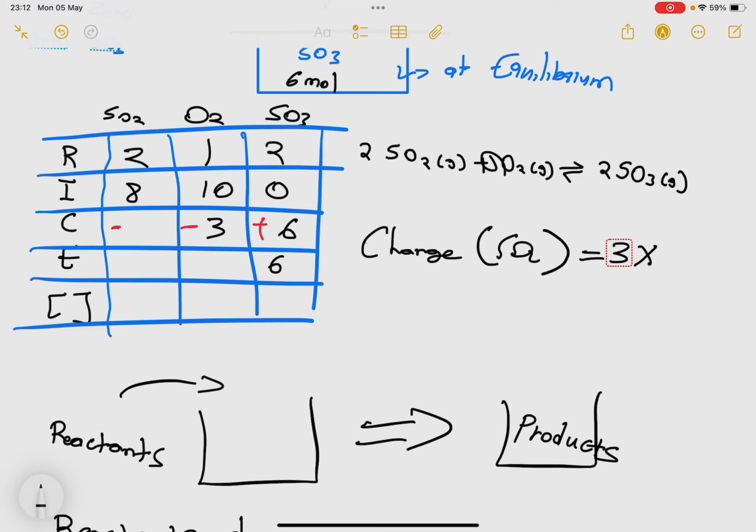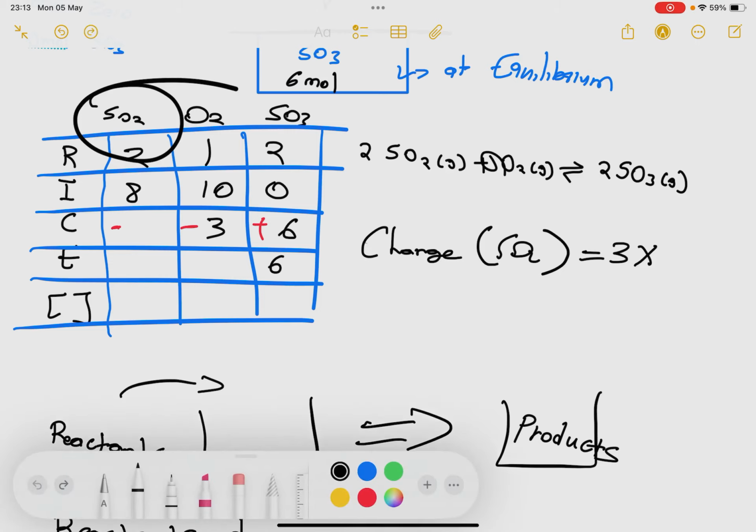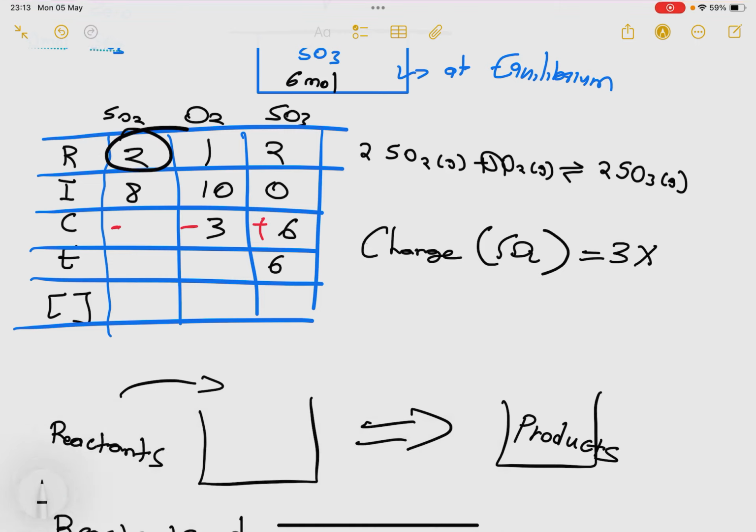You multiply by the ratio of where you are going. I'm going to SO2, so the ratio there is 2. So I'm just going to multiply by 2, divided by the ratio of where you are from.